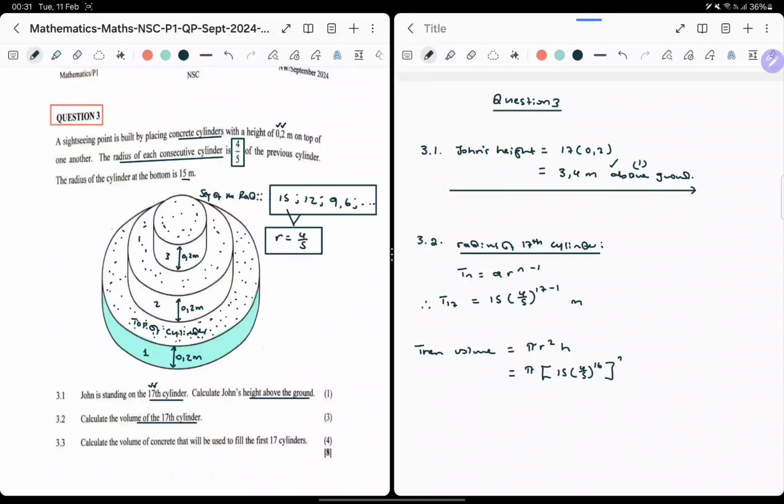And then we are squaring this and multiplying it by the height. Remember, the height is still 0.2 because the height is the same for all.